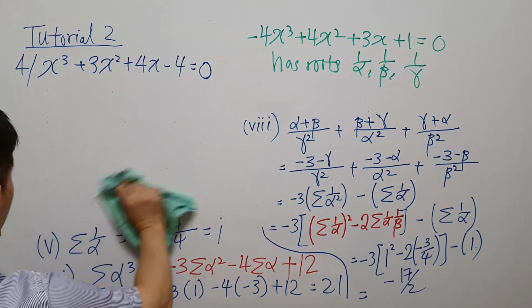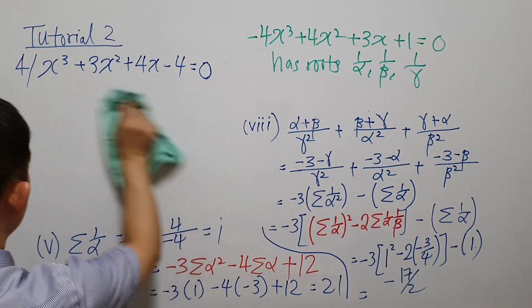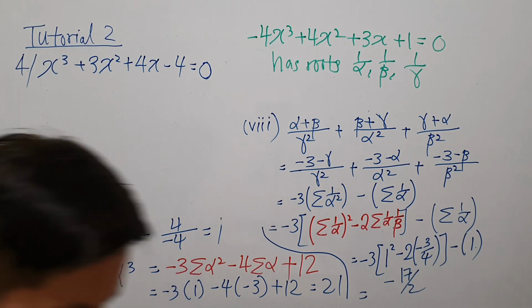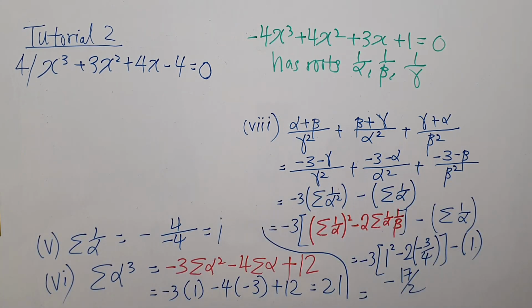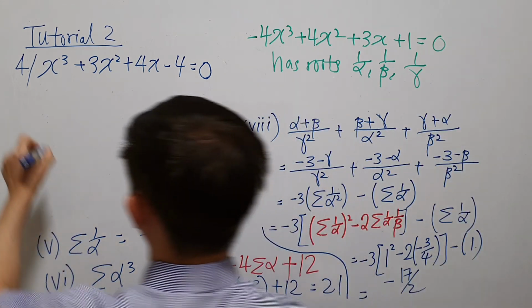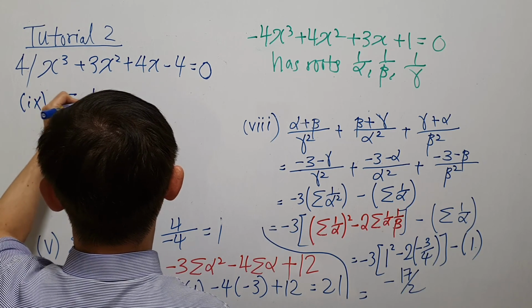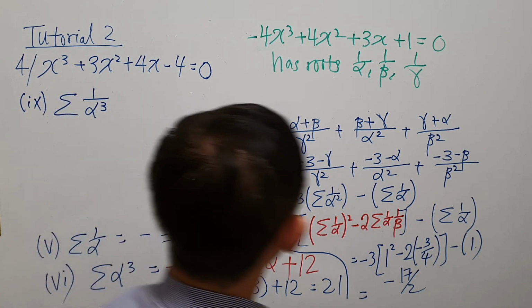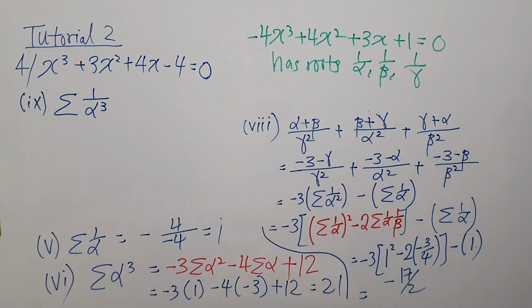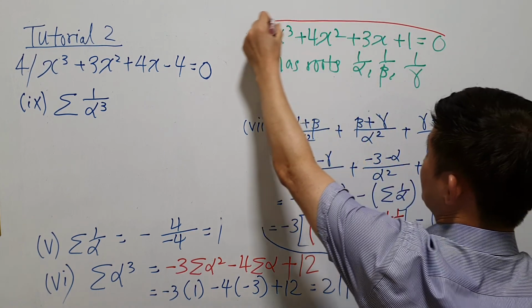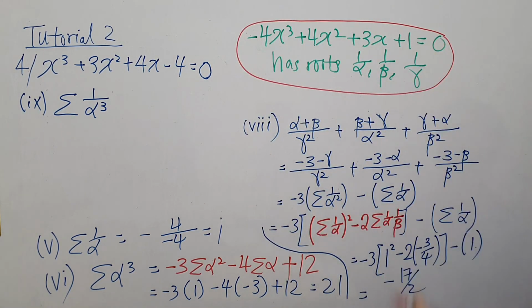For part 9 of the question, you're asked to find the summation of 1 over alpha cubed. To find this, again you have to rely on this equation, this result.